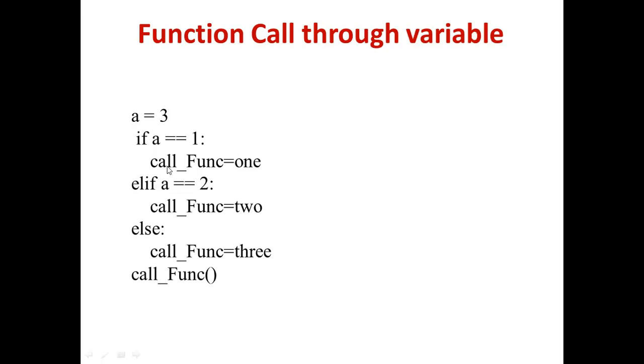On the left side I have another variable. Remember, these are all acting like variables, but at the end of this elif ladder, look at it, in the last one, I simply call the function. My calling function is call_fun.